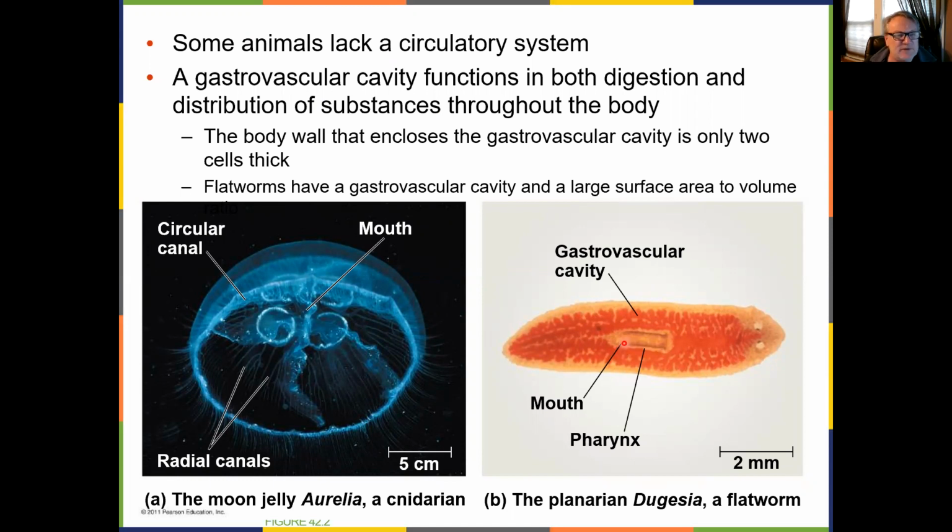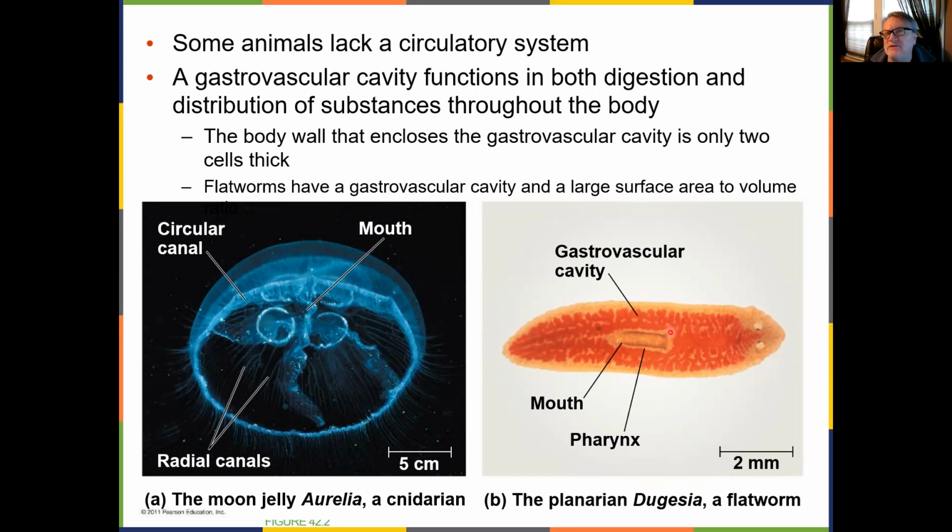But again, this is going to be restricted to animals that have a very thin structure. They can actually be quite large, like the jellyfish, but jellyfish are just a diploblastic organism that only has a few cell layers thick going through it, thus allowing diffusion to all the cells.